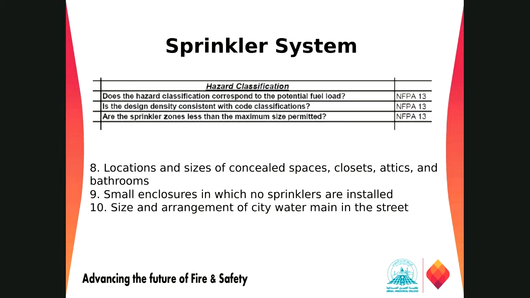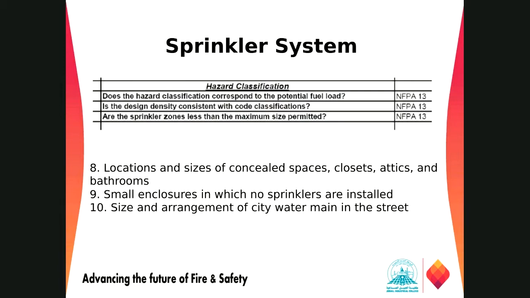So while looking for the hazard classification in your plan, we have to ask the following questions. The first one, we have to make sure that the designer or the contractor who is submitting the plan has chosen the exact hazard classification, because most of the time they make some mistakes based on the building construction types and the selection of the correct occupancy classification.